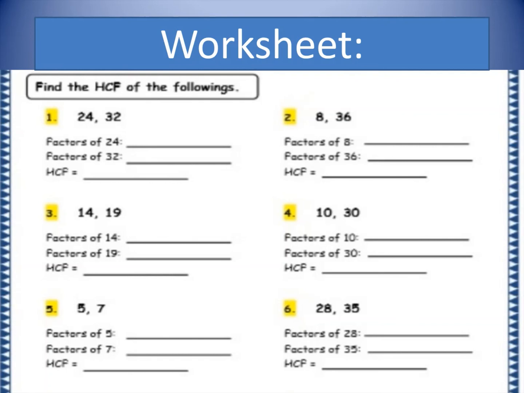Don't forget to circle the numbers given in both the lists. Take them out, multiply them, and then you will get the HCF, highest common factor. Try out the whole worksheet. If you find any doubt, consult the teacher or give a comment in the comment box.